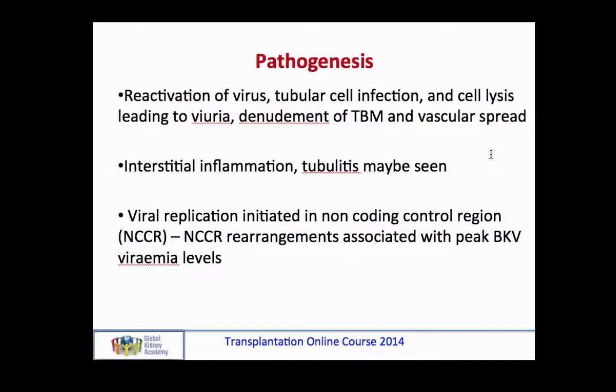As you get denudement of the tubular basement membrane, you can get spread of the virus into the bloodstream, and therefore you'll see vascular BK viremia. Quite often you'll see interstitial inflammation and tubulitis, and it's very difficult to differentiate from rejection sometimes.